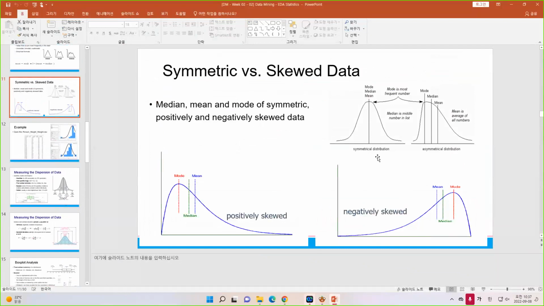It is just to represent that the mode, median, and mean are almost on the same line. But it doesn't mean that it is always exactly the same. The median and the mu should be the same? No, it's almost, similar or equivalent.